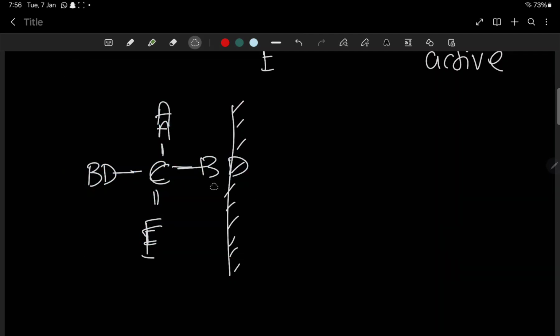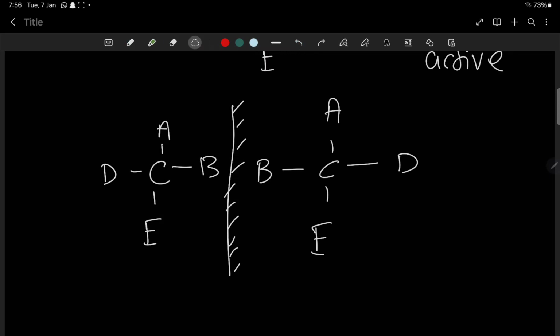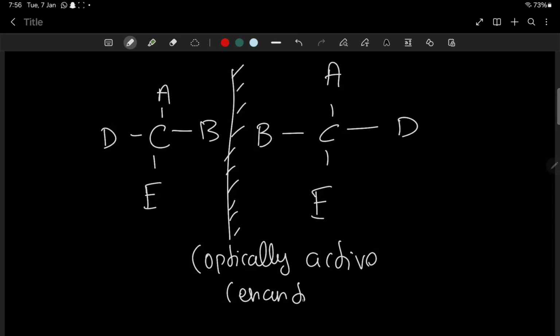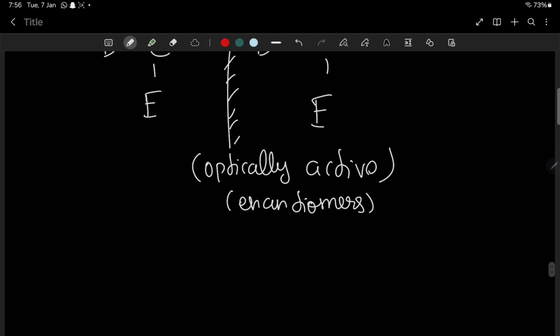Are they superimposing each other? No. If they are non-superimposable, they are optically active, or enantiomers. They are called enantiomers. If they are superimposing each other, the compound is not optically active.